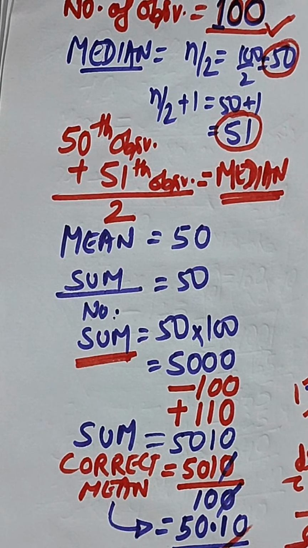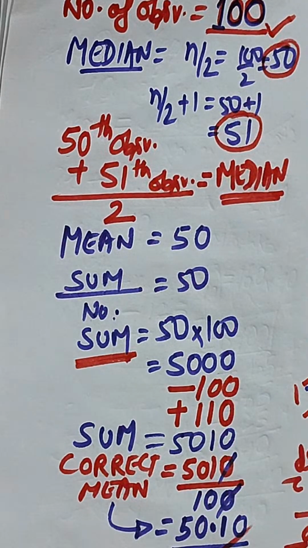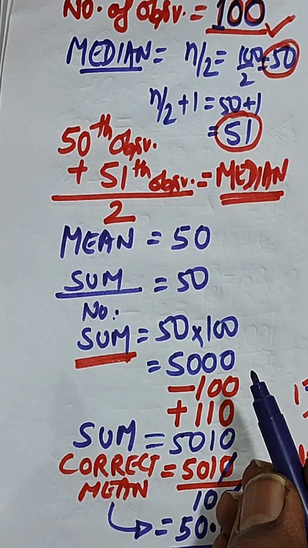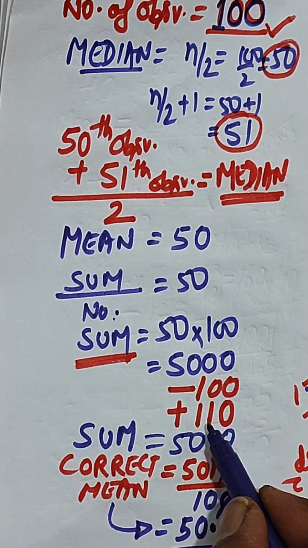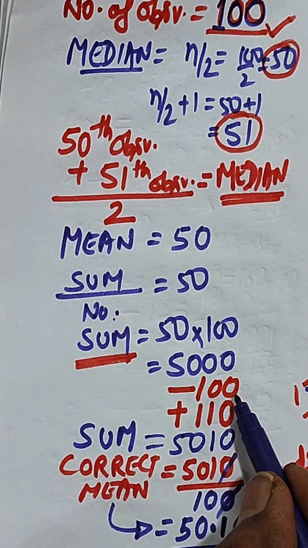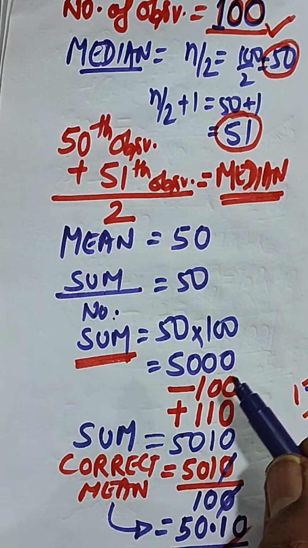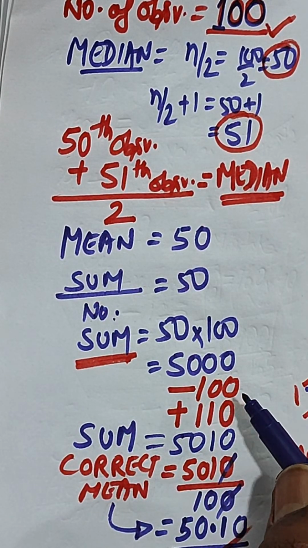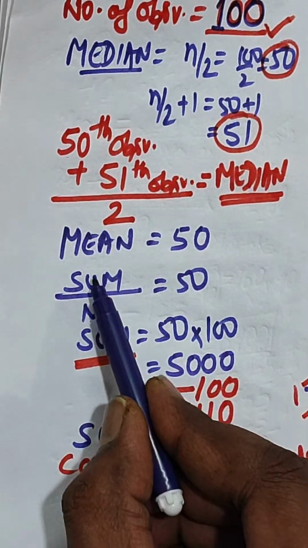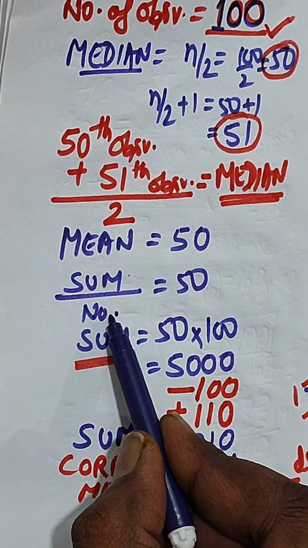You are asking why you subtract the observation and then add the observation. My dear friend Kailash or OP, I subtracted this observation because if you read your question, it has been mentioned that instead of 110, this was the correct data, and the wrong data 100 was considered. In the previous questions for today's class we have seen that the mean is the sum of the numbers divided by the number of observations.